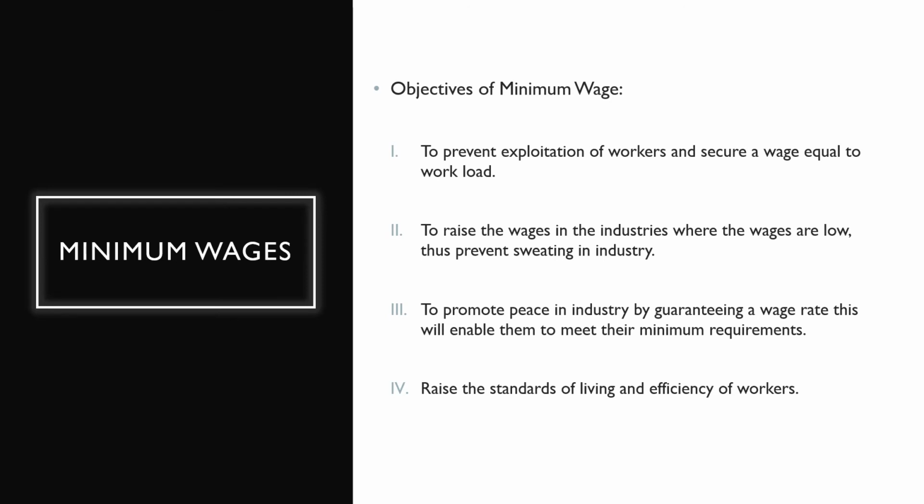So to prevent that, you need to fix a minimum wage wherein such exploitation or low wages can be avoided, and people can be sufficiently secured in their life, and they can sustain their lives.